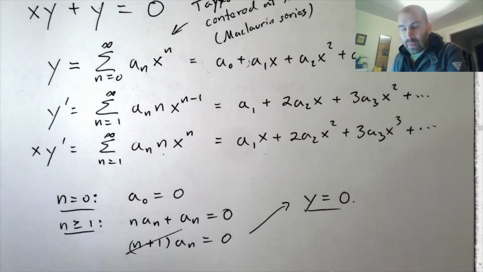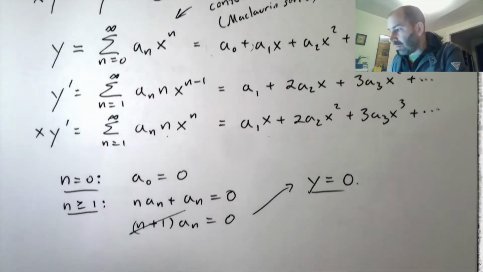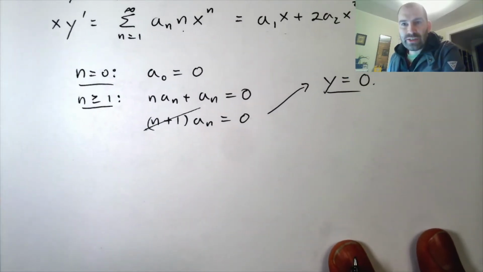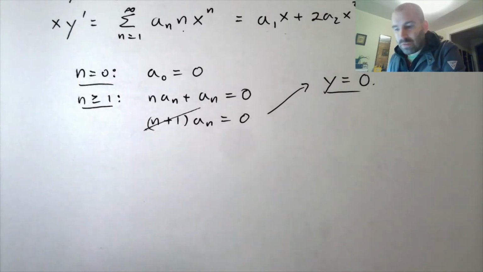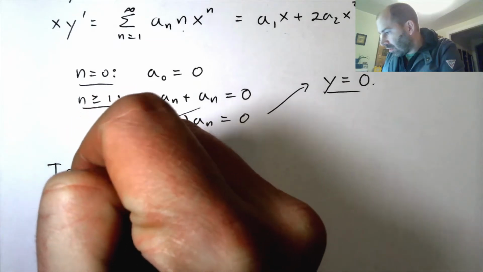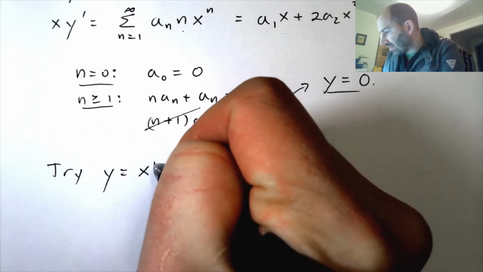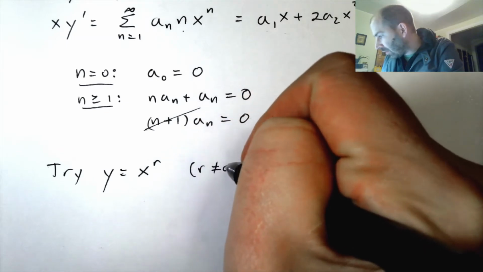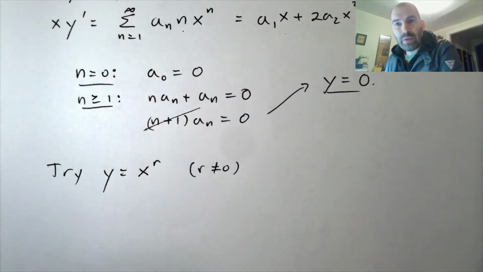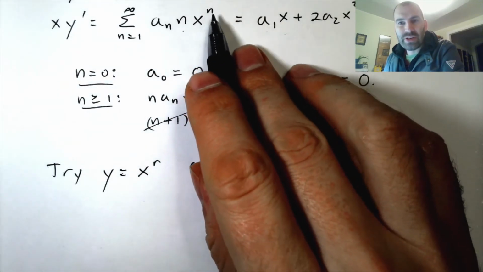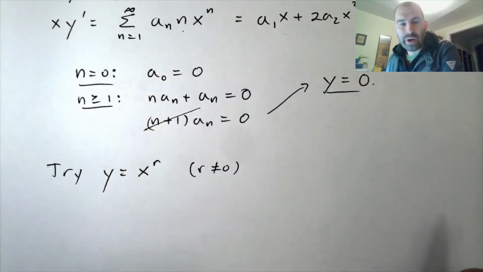So what is the trick here? Well, if you do investigate what the solution is, you'll see that we should probably try something like y equals x to the r, for some non-zero r. And we might find that there's an exponent that we didn't consider in these power series that might work. Okay?